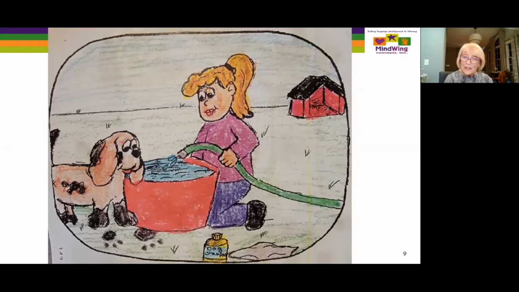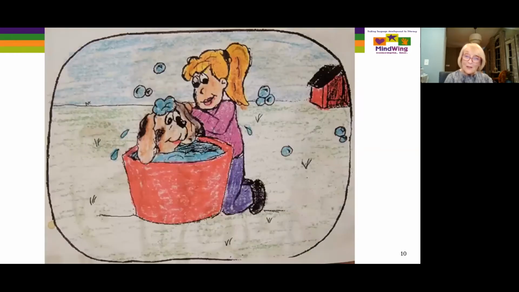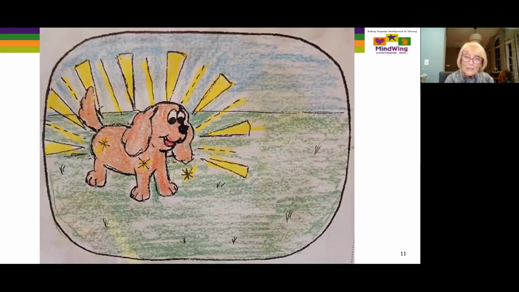There she is filling up the tub with the water with the intent of giving Pono a bath. And here he is, it's not bad, sitting there with all the bubbles around him. And at the end, Pono is all cleaned up and looking wonderful. So these are the pictures that would be in front of the child.